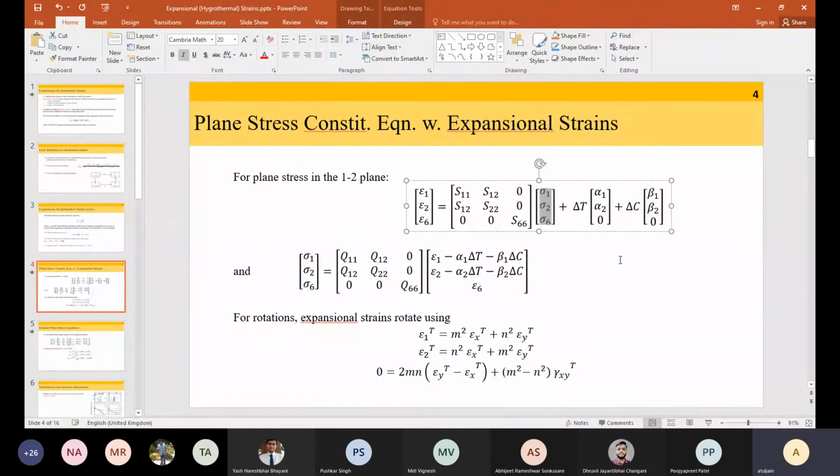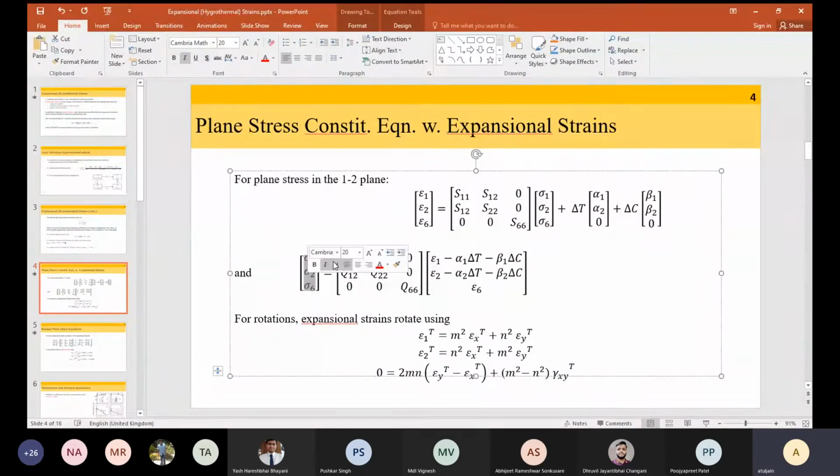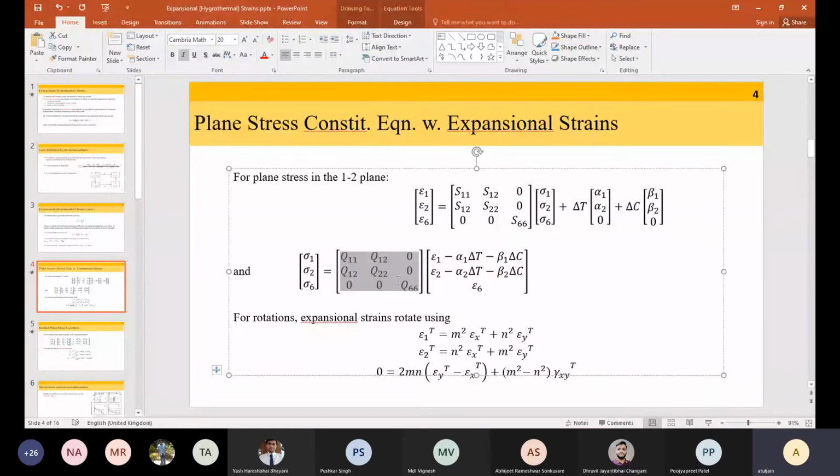Alpha 1-2 is 0 because in the orthotropic direction, thermal effects don't cause shear strains. Similarly, beta 1-2 is 0 because the effect of moisture does not cause shear strains in your orthotropic coordinate axis system. In turn, if you invert this equation, it comes out to be something like this. Stress is equal to apparent stiffness into the strain as shown here.